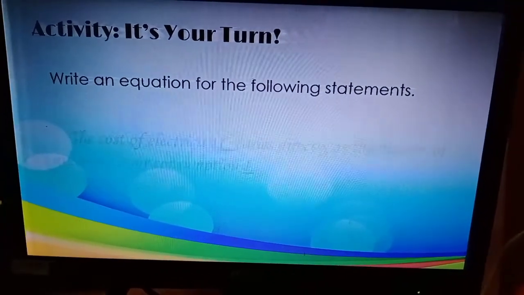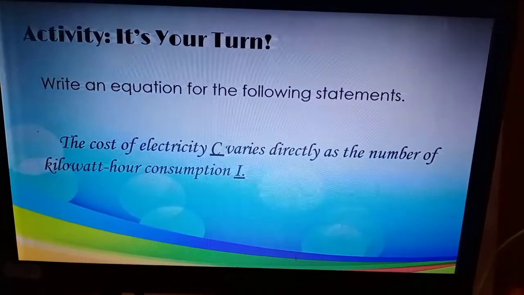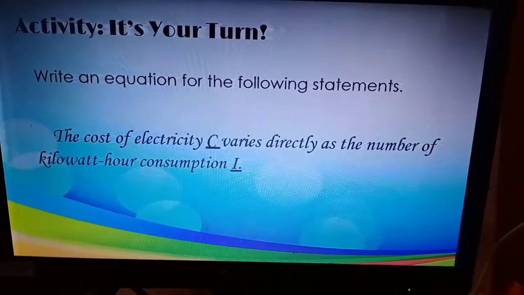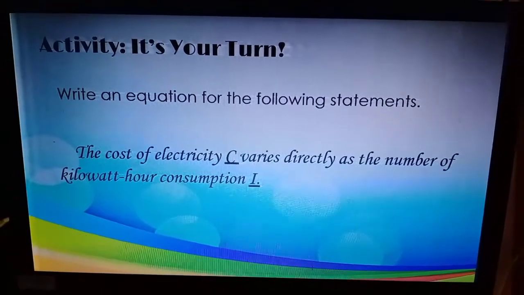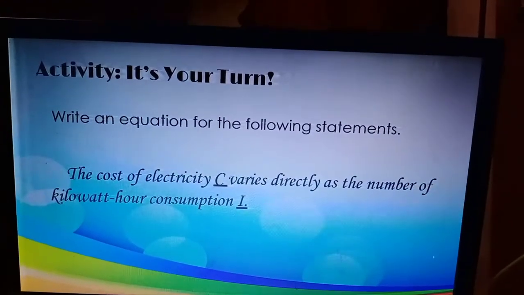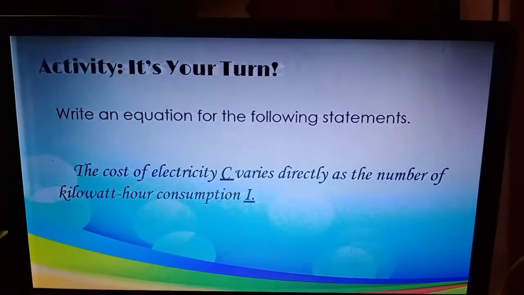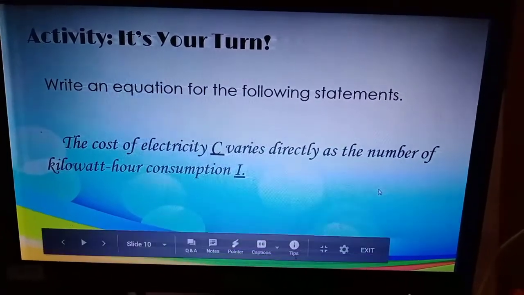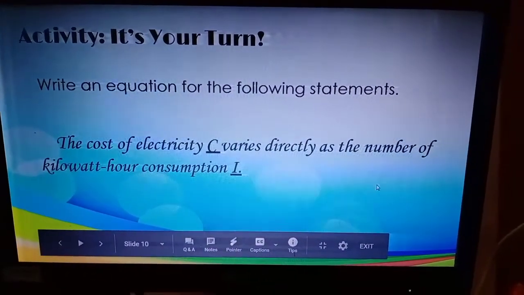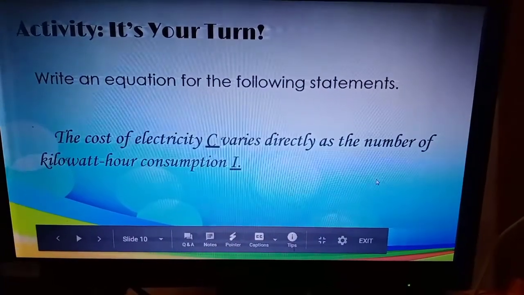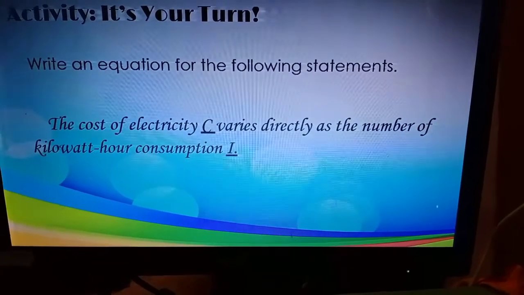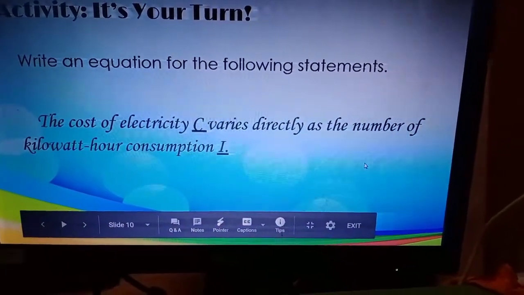Okay, here is another one. The cost of electricity C varies directly as the number of kilowatt-hour consumption I. Again, there are no given values for us to solve, so we simply make use of the variables mentioned. So we have C equals kI because the statement is varies directly.